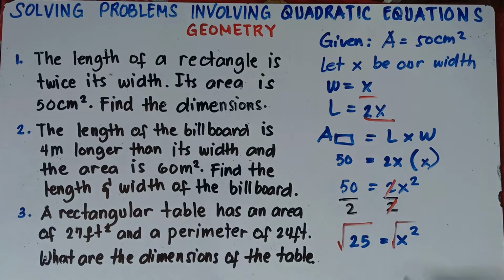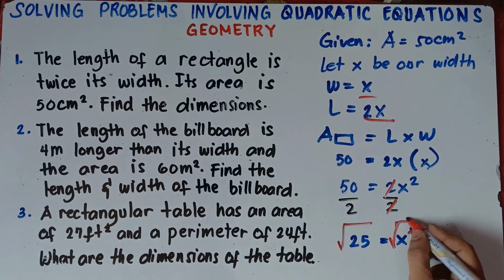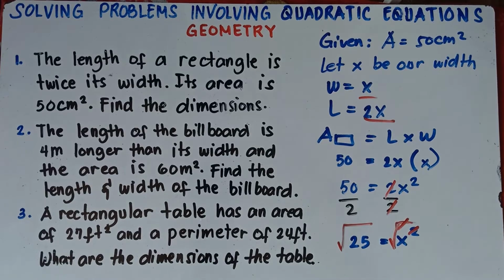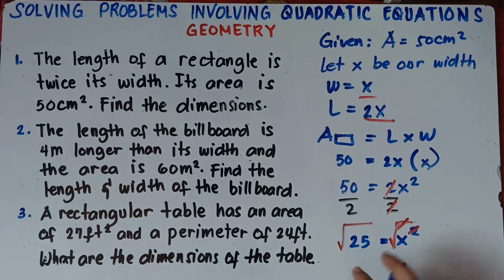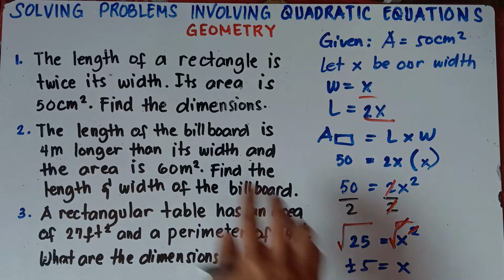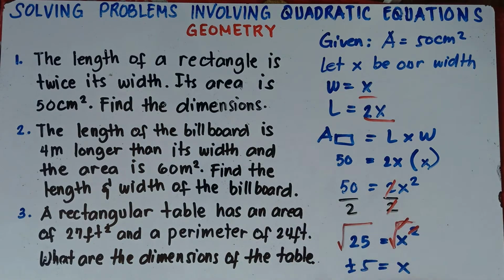The square root of 25 is 5. Actually, the square root of 25, class, is positive or negative 5 equals x. But we will be using the positive one, the principal root. Since we're dealing with problem solving, we need to use the positive answer. So our answer is positive 5 for our x.